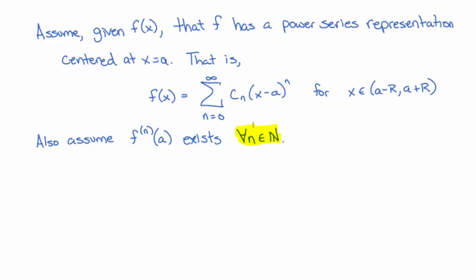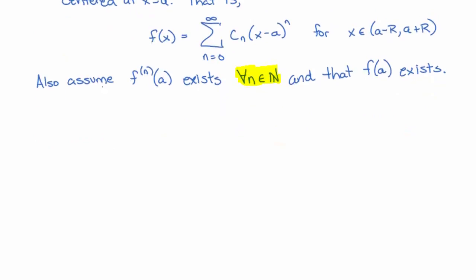It's symbolic logic: the upside down capital A means for all, the little E looking object means belongs to, and the double bar N means the set of natural numbers. So we assume that all derivatives exist at a, and the function also exists at a.